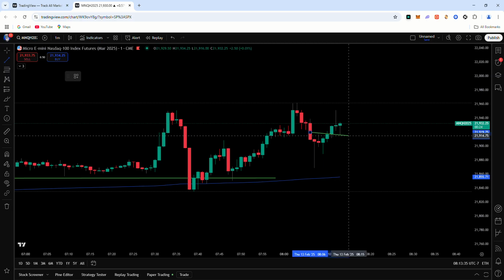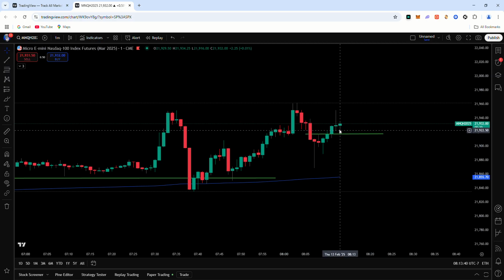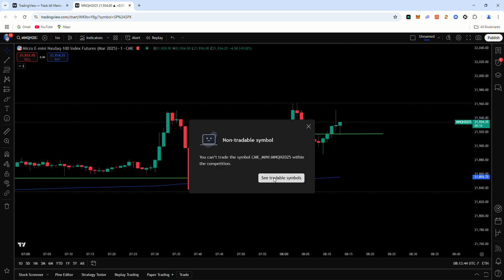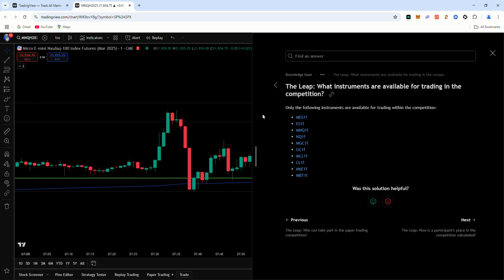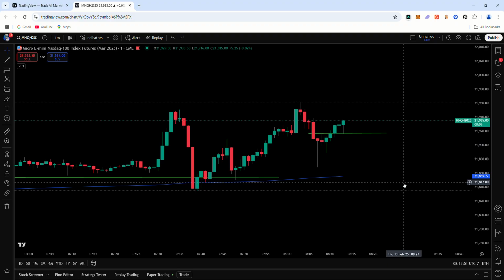I like how we just bounced off of that right there. See that? It broke and then it just retested this level right here. Let me go ahead and, what would that be? Non-tradable, delete.